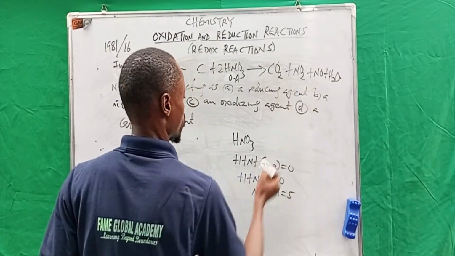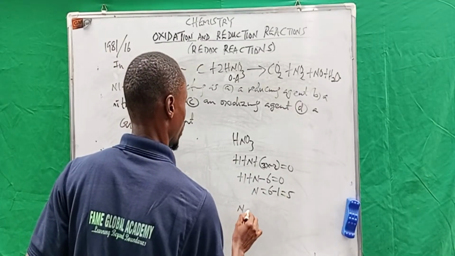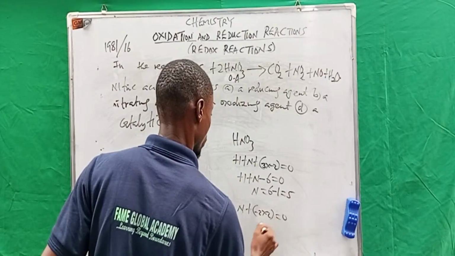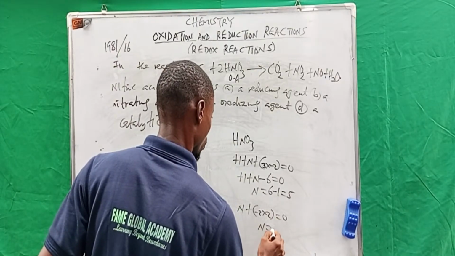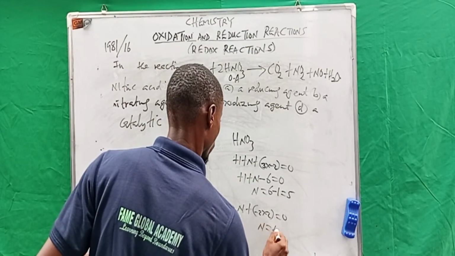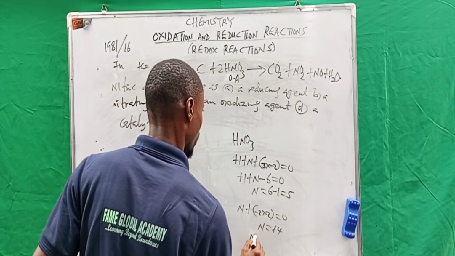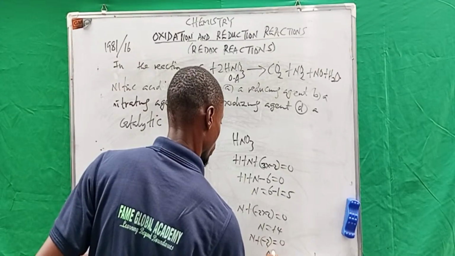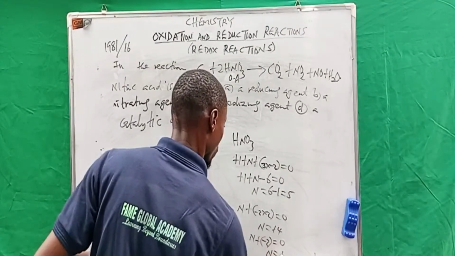Then let's check the oxidation number here. We have N plus minus 2 times 2 equal to 0. N is equal to +4. And then here we have N plus minus 2 equal to 0. N is equal to +2.